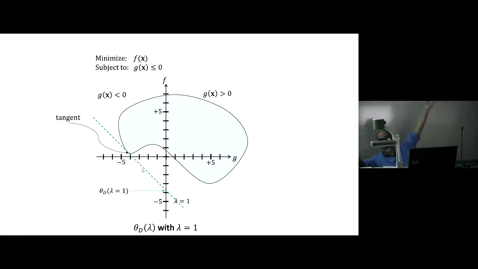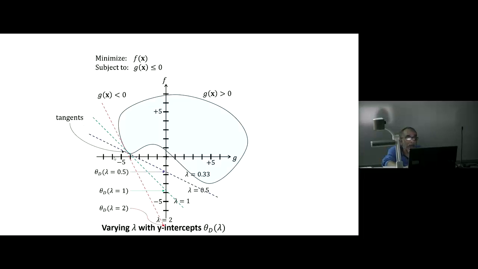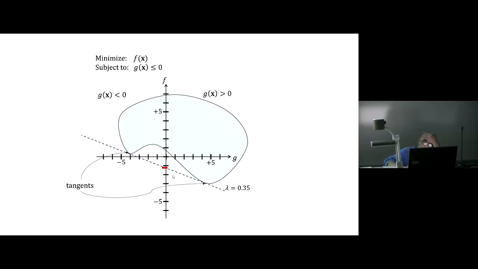The slope of the line is fixed, because lambda is fixed, and wherever it's tangent, we read off the vertical intercept. That gives us theta d lambda. I'll show you graphically a little more. So this, I claim, is theta d star, the maximum possible value of theta d lambda.